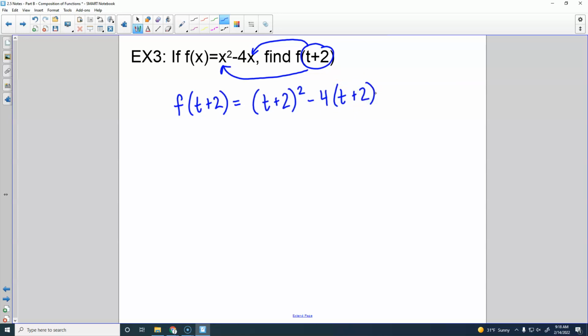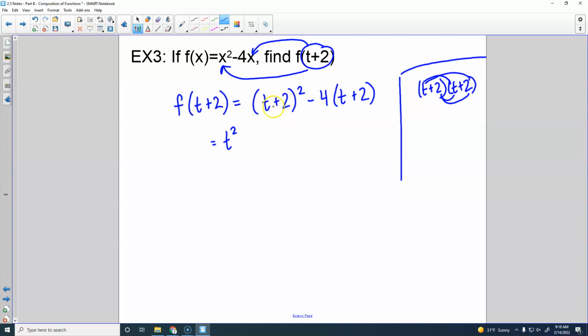Now again, if you need to, over here to the side, you can write out t plus 2 times t plus 2, and you can distribute there and figure that out over to the side if you need to. But even better is you can try to use square, double, square. So you square the first, which is your t, so that just gives you t squared.